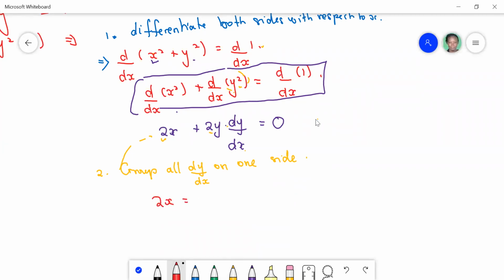Let me take this to the other side: minus 2y dy/dx. What do I want to find? This is what I'm looking for, dy/dx. So what can I do? I can divide both sides by this.